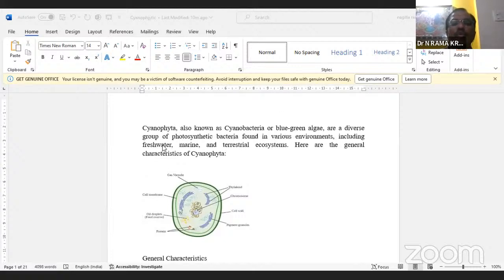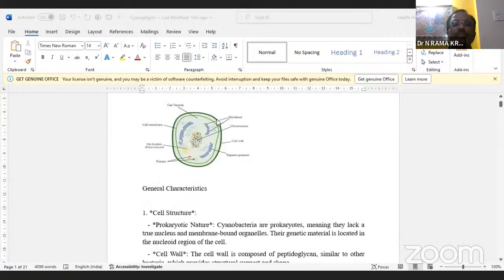It is a group of photosynthetic bacteria found in various environments, including freshwater, marine, and terrestrial ecosystems. This is the distribution.